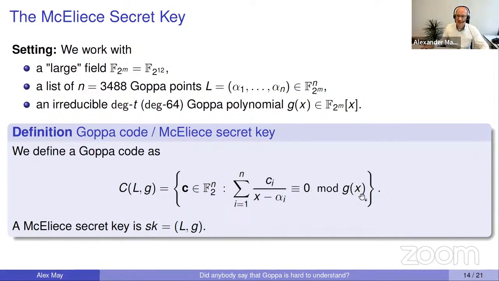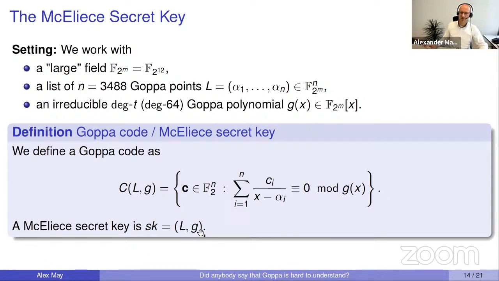Okay, and since g(x) is irreducible, all these inverses here exist. And now a McEliece secret key is simply this set of Goppa points and the Goppa polynomial, right? So if we think of partial key exposures, then I will start with what happens if I know L but not g.